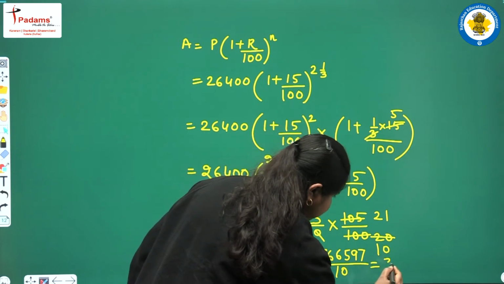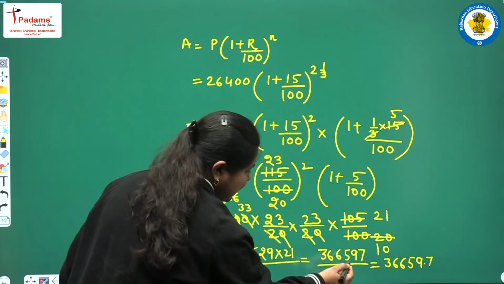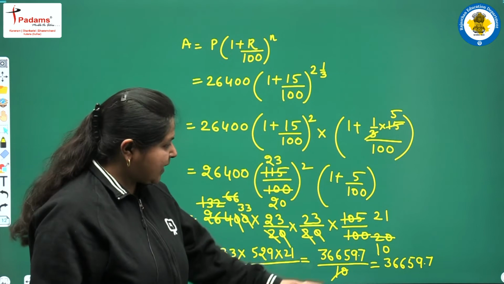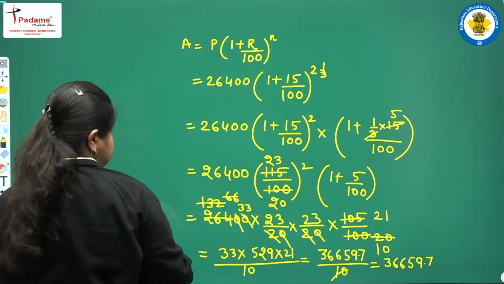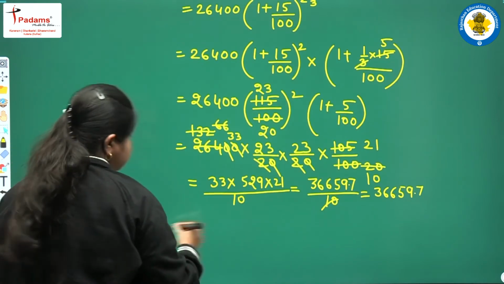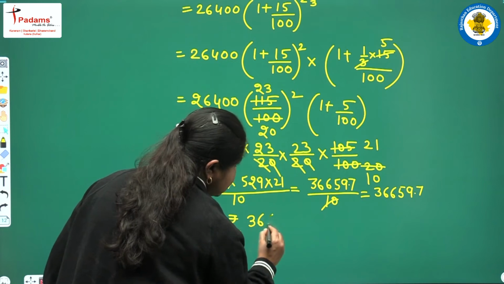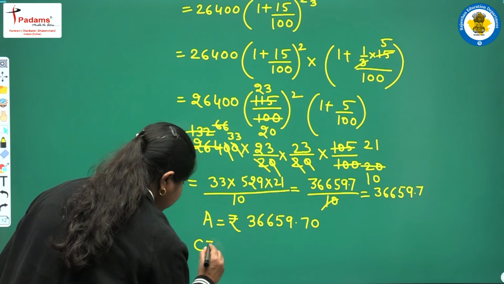So this will be 366,59.7. एक ज़ीरो है उसको कैंसिल करके यहाँ पर एक डिजिट के पहले डेसिमल लगा दिया है हमने और ये हो गया हमारा अमाउंट. We can write it at the end also. A is equal to rupees 36,659.70.